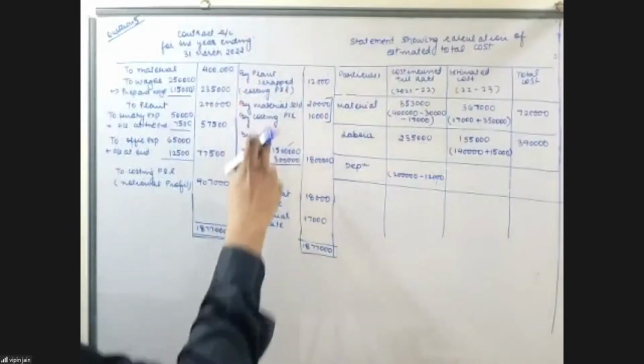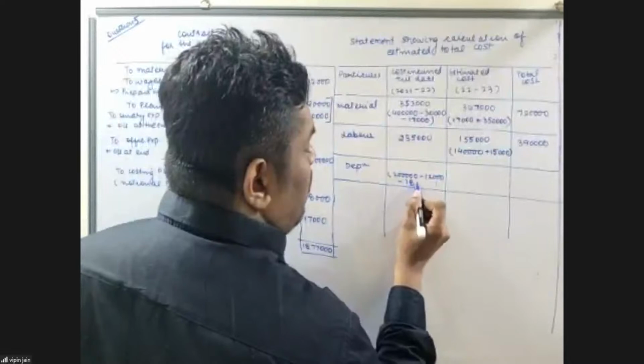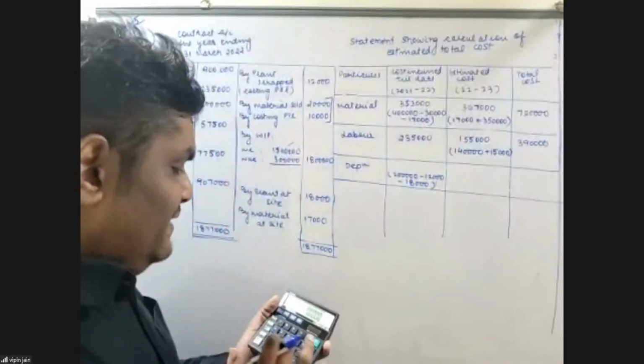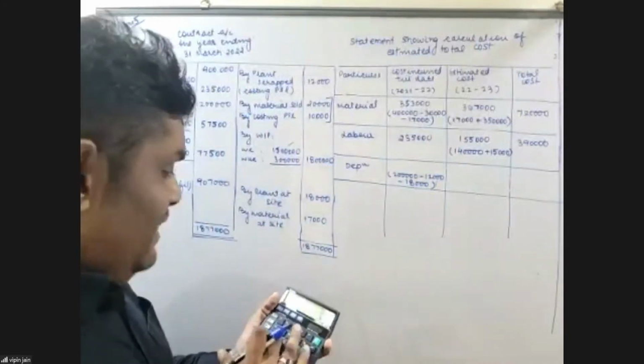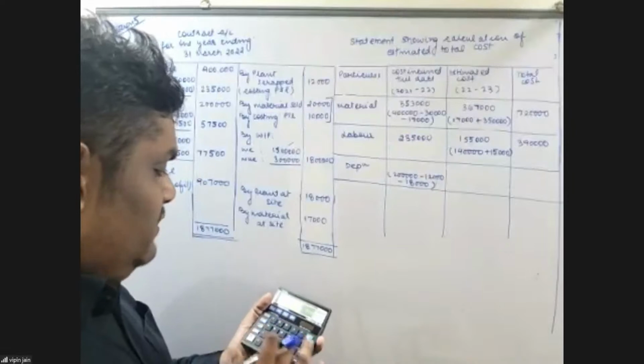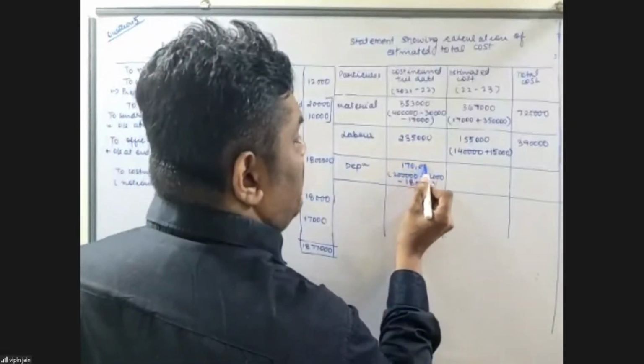Further, the plant still at site is 18,000. So 2 lakh is the cost, minus 12,000 is the plant scrapped, minus 18,000 is the plant at site. So 1,70,000.